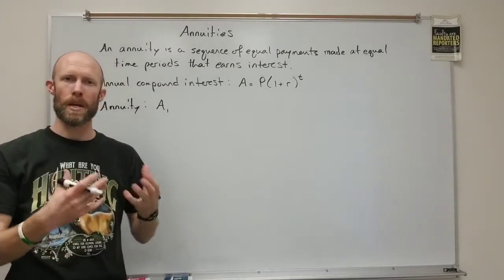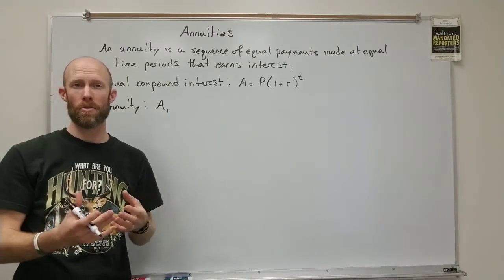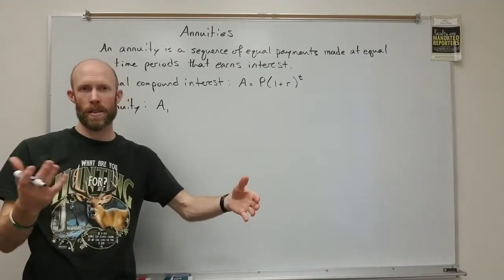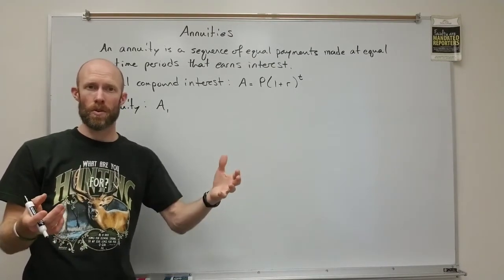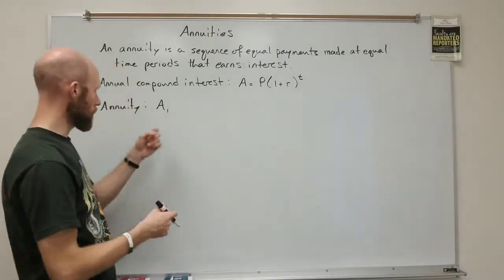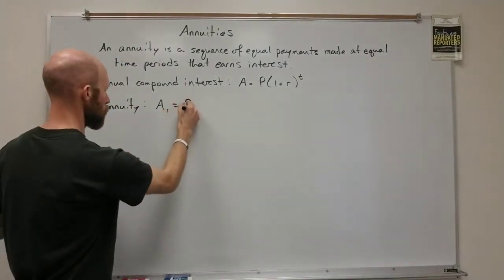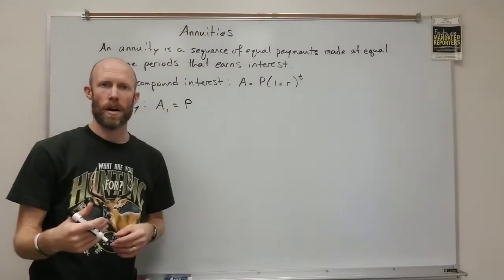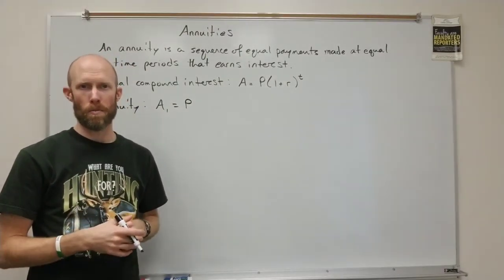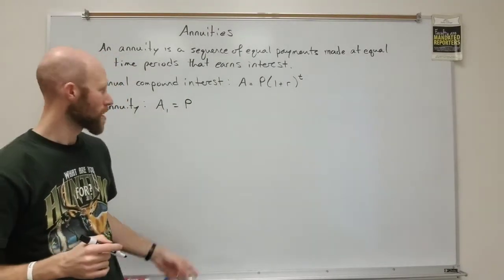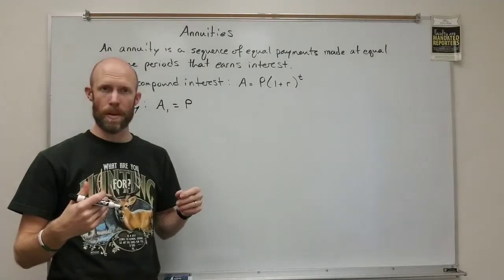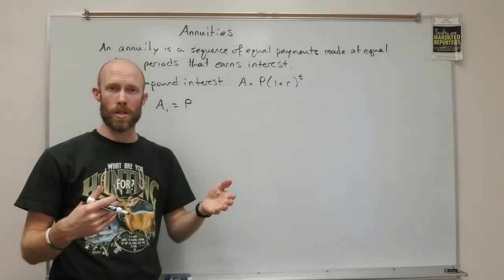You make a payment at the beginning of the first year, and at the end of it, that's what you have in there. Then you earn interest. We're going to say the original payment, we'll use P for payment instead of principal this time, is what you have after the end of the first year.